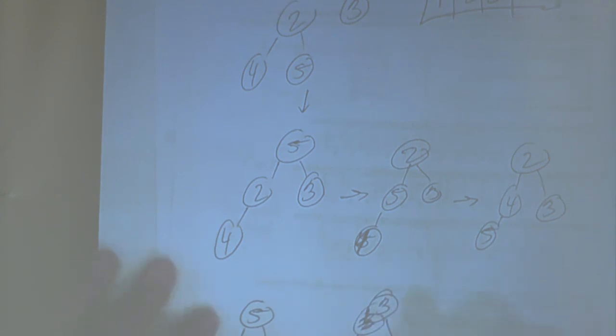Then we delete 3, and we take the rightmost leaf node and swap it with the root. Then we call percolate down on 5 and see that 4 is smaller, so they swap.